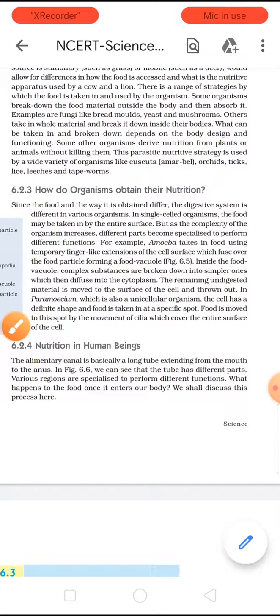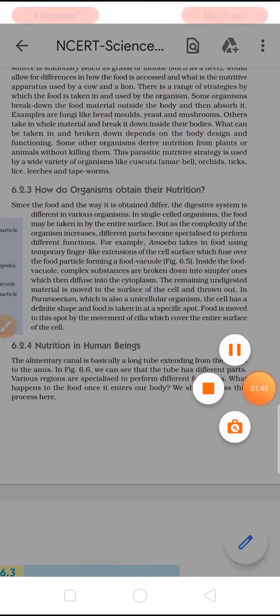Okay, now move further. What happens to the food once it enters our body? We shall discuss this process. Okay, so once the food enters into the mouth, what will happen? The teeth and tongue will perform their function.